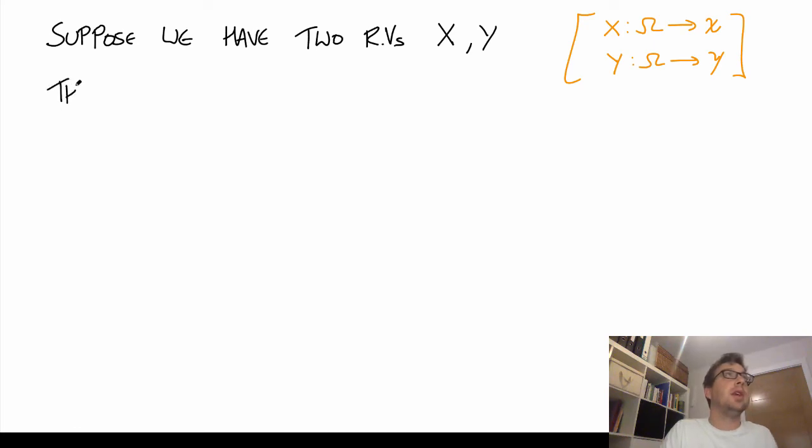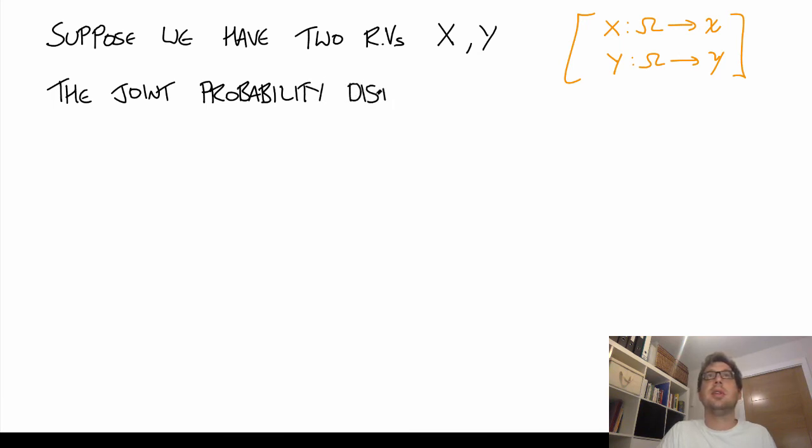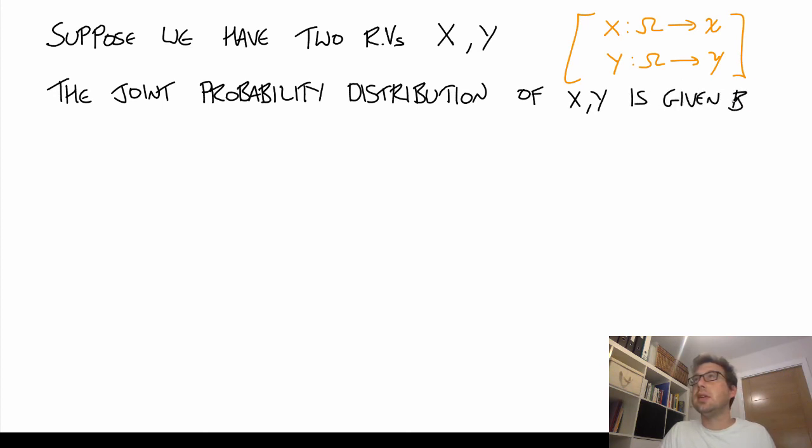So the joint probability distribution of X and Y is given by, well, you could write it as p_XY of (x, y), and it's the probability that X equals x and Y equals y.